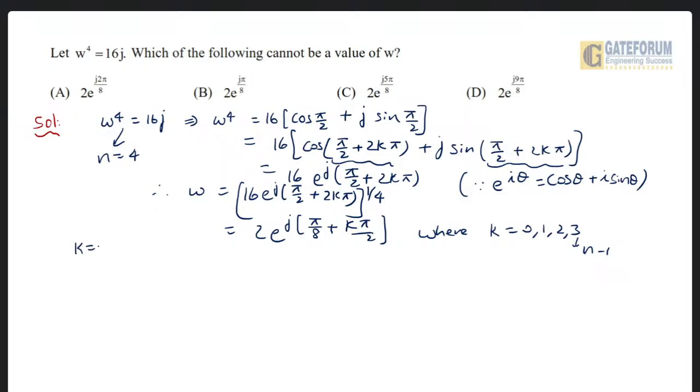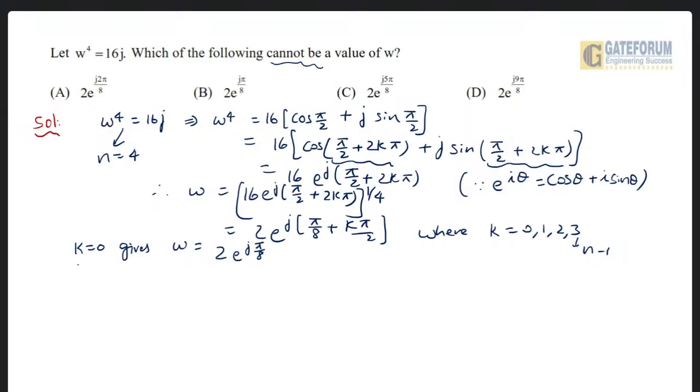k is equal to 0 gives w is equal to 2 times e power j pi by 8. Yes, this is already there in the options.